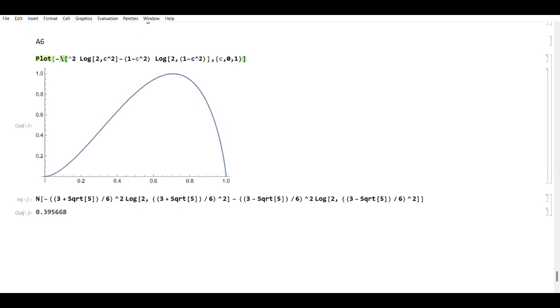Okay, let me put the labels. Instead of C, let me call it alpha.